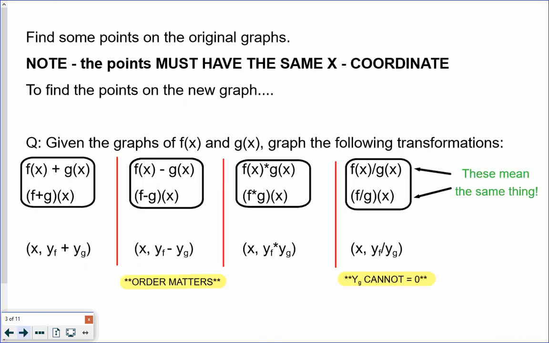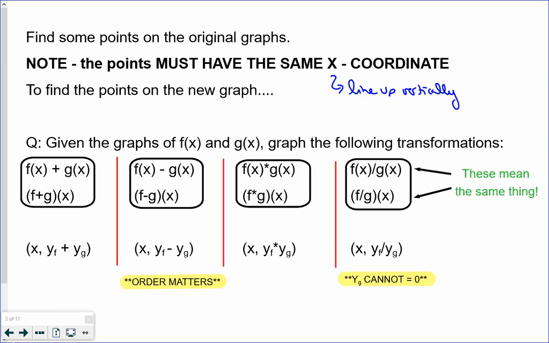Okay, so what we need to do is find some points on the original graphs. Note, the points must have the same x-coordinate. So what you're looking for here is points that line up vertically. Okay, so they have to line up vertically. And then what you do is you leave the x-coordinate alone because you're doing the operation on the function.